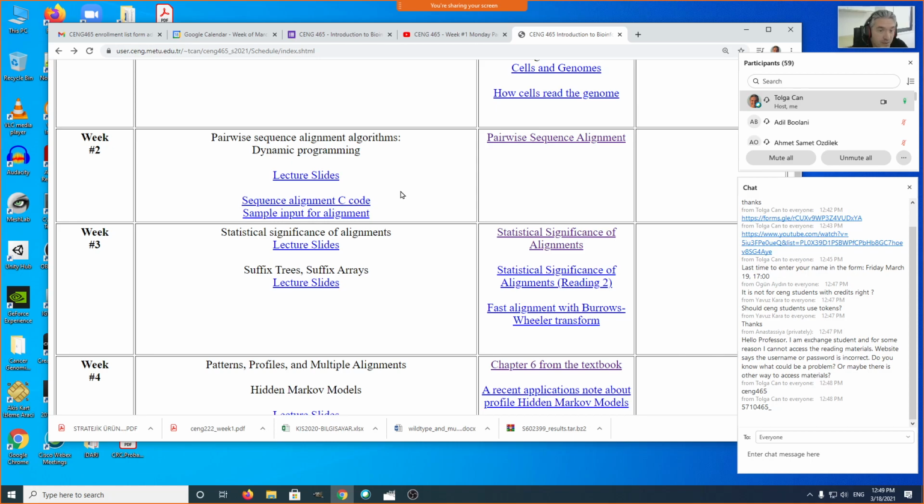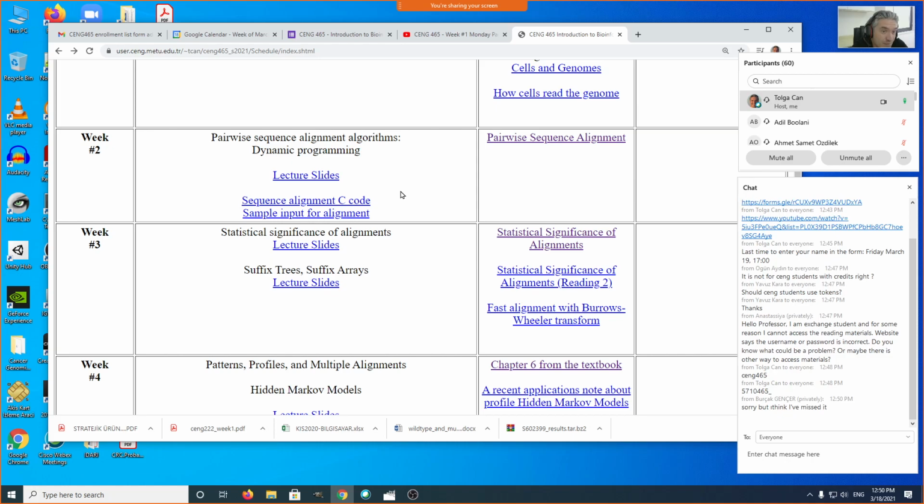So there are some students that should take the course outside the token system. They are not part of our department, so I should give extra capacity for them. Normally, fourth-year students in our department should spend tokens to get the course. But in case you cannot get it, I will increase the capacity for students who cannot take it from our fourth year.